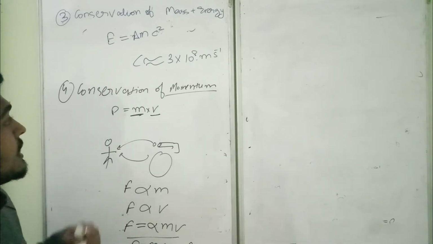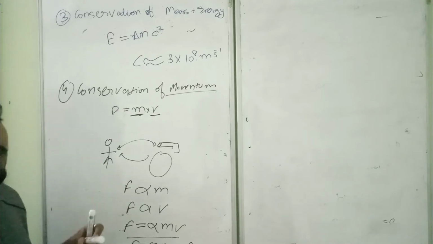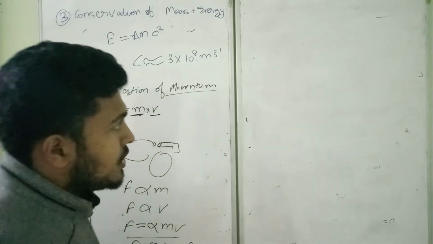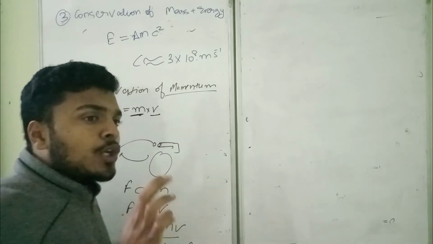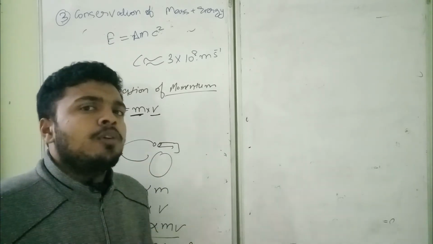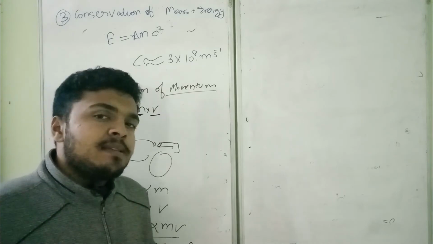And what is the law of conservation of momentum? The law of conservation of momentum says that the total momentum of the system before and after must be the same.